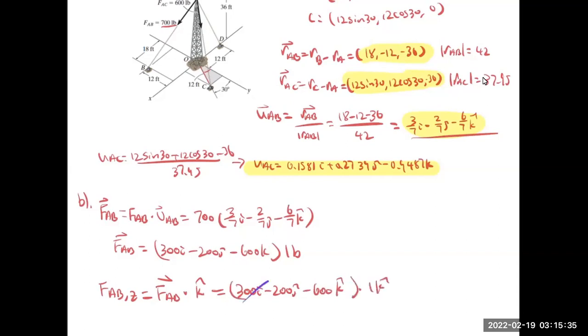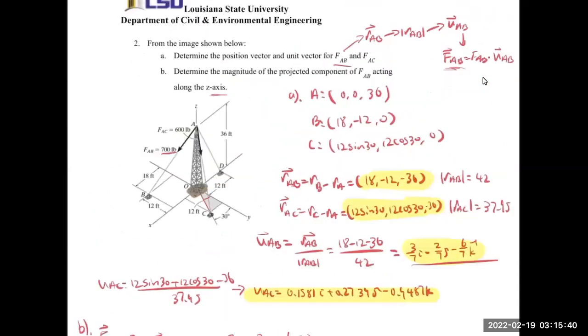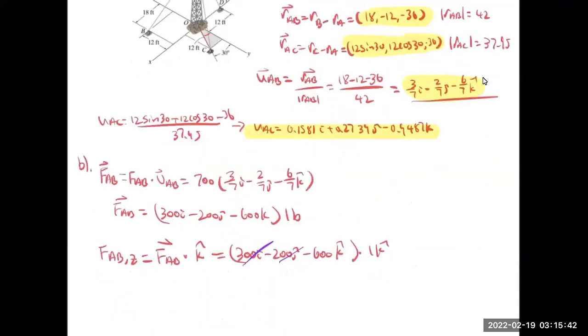These two are gone because it's only acting along the z-axis, so we don't have to take the x and y axes into consideration. So simply take 1k multiplied by negative 600k. I get my FAB along the z-axis equal to negative 600 pounds. And then the k and k cancel out.